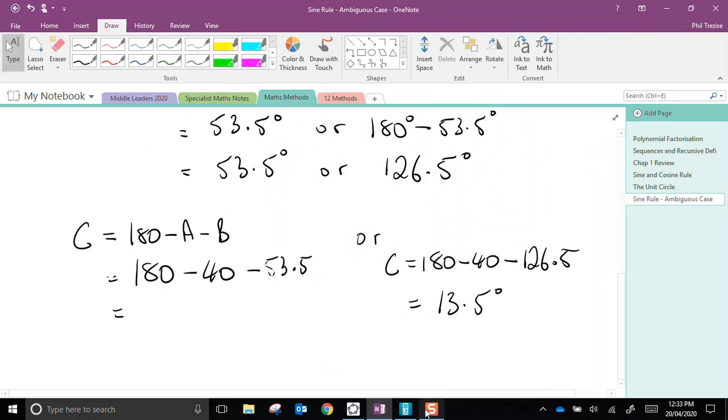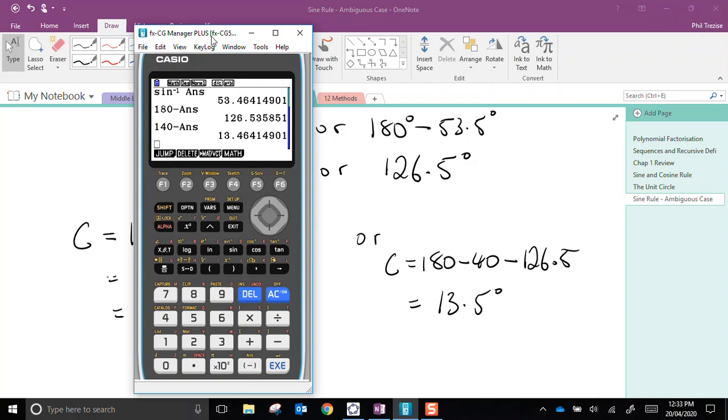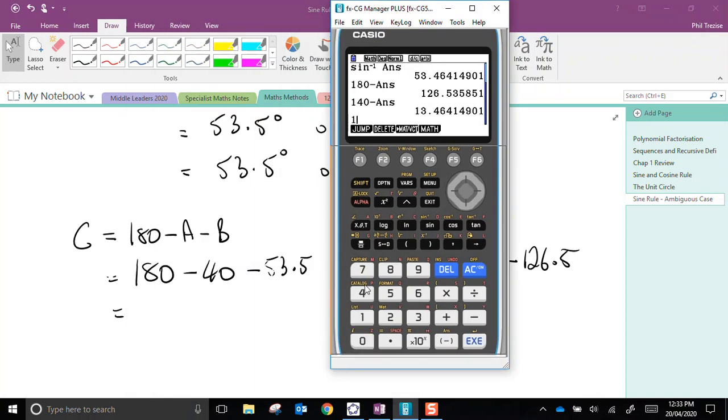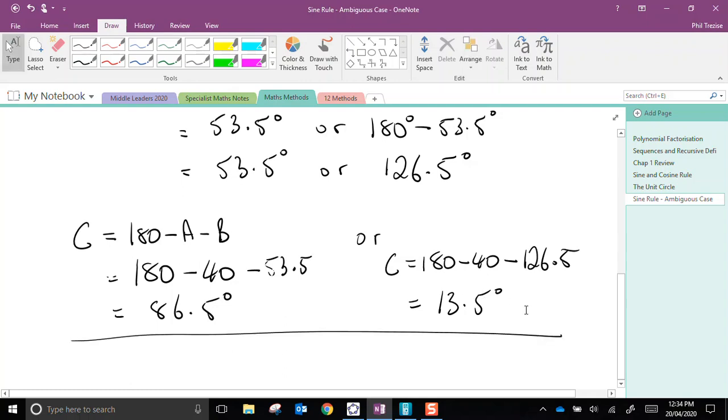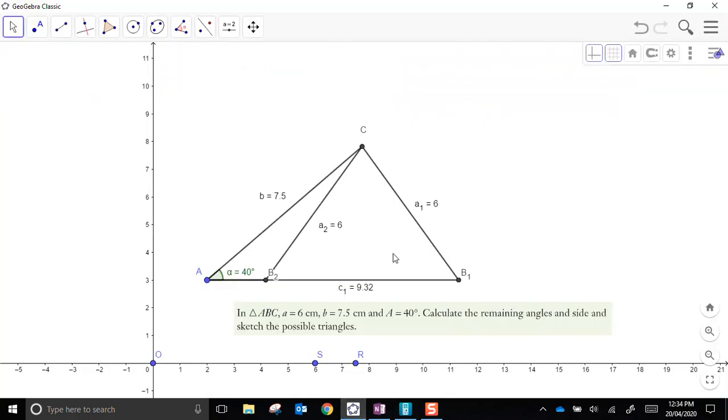And if I went back and did 140 take 53.5, I get 86.5 as this one. So here we are, 86.5 degrees. So we've now found all three angles, and we see, as GeoGebra showed us originally, that there are two possible answers.